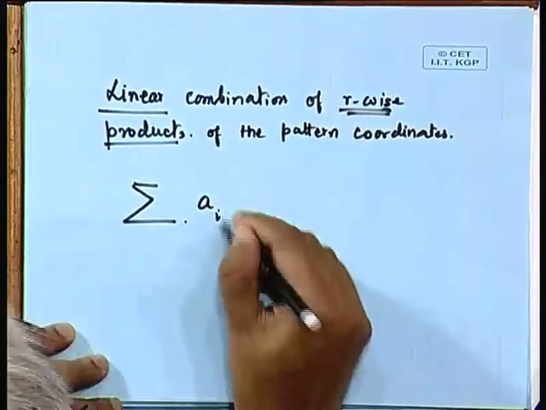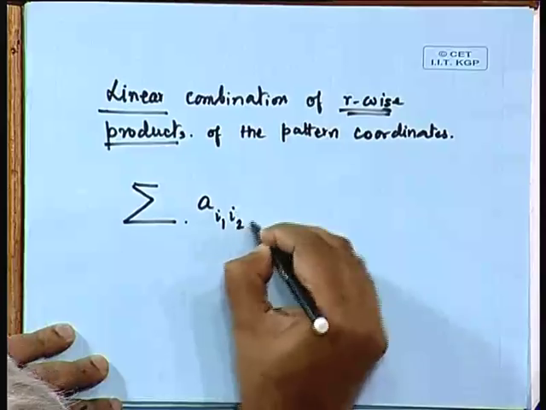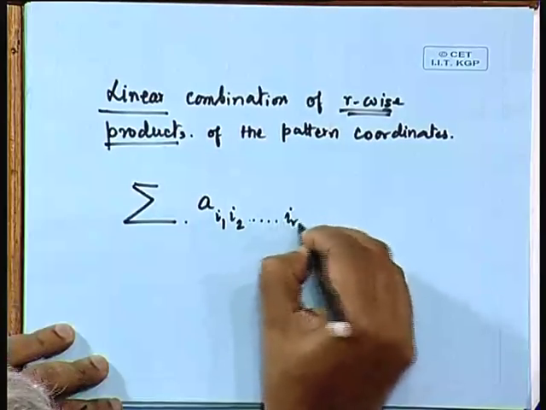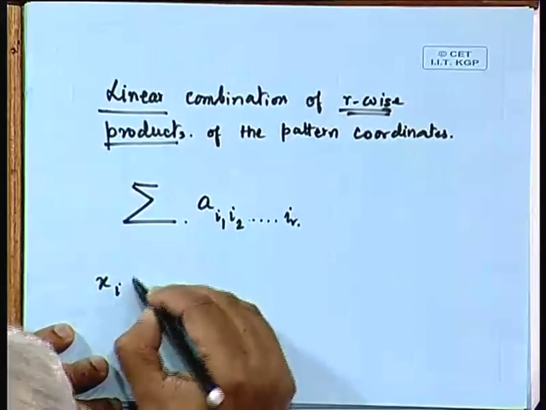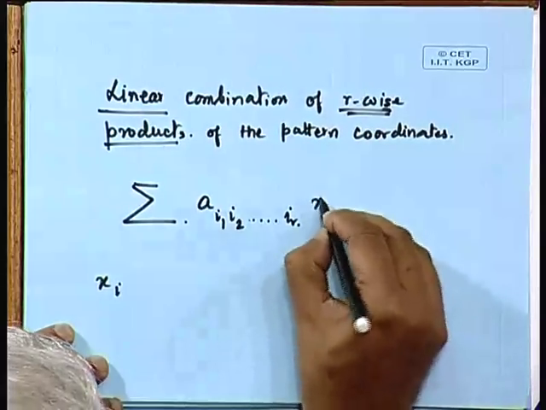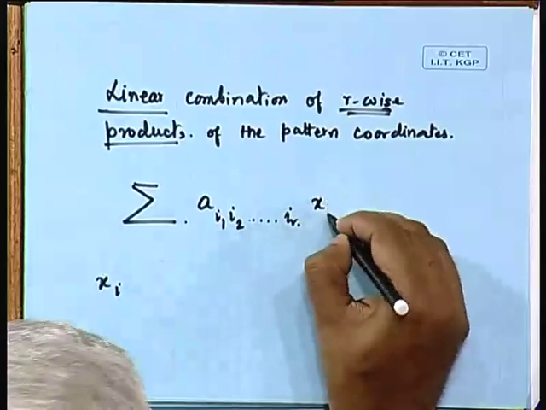So, A I1, I2 up to IR. In fact, we have to say here that xi that we are writing here, let me first write it down, then I will explain.